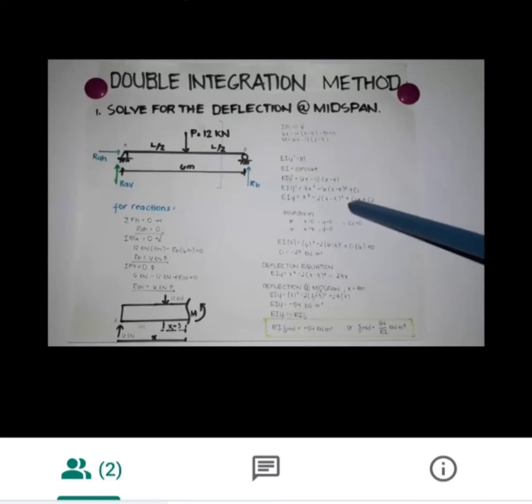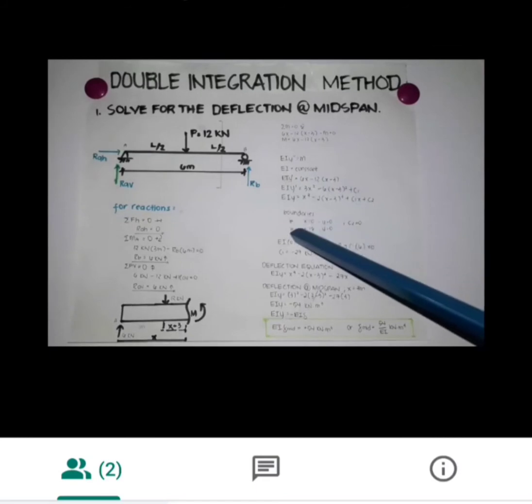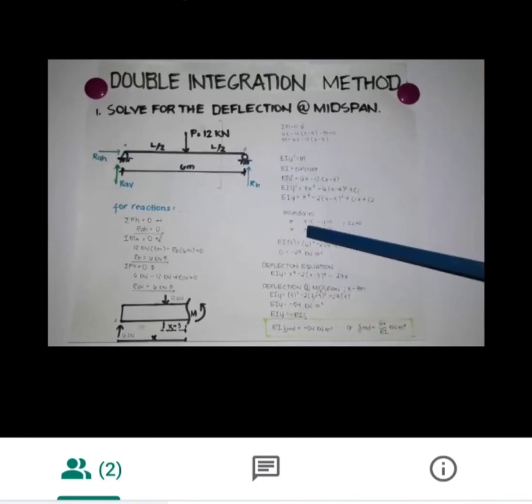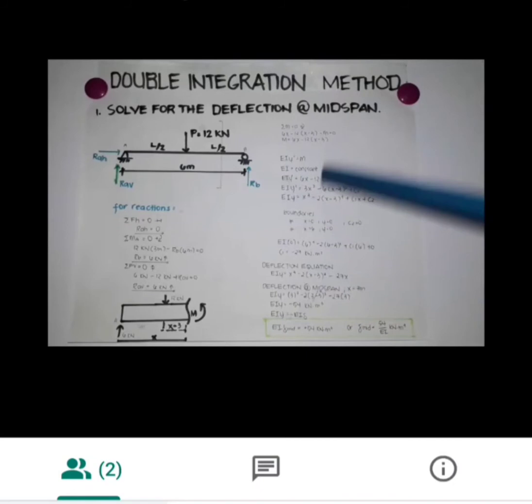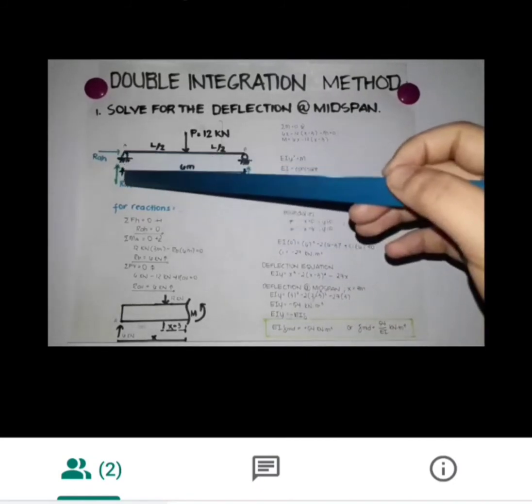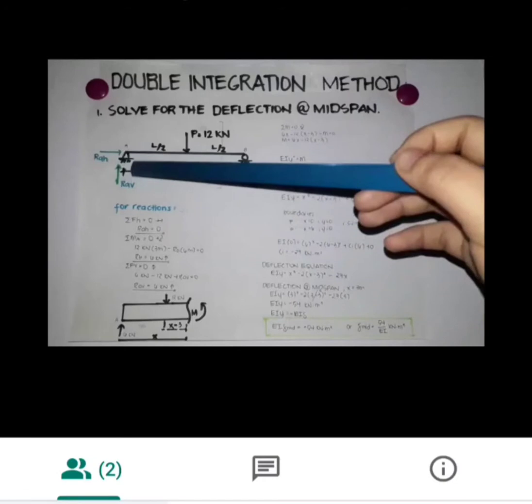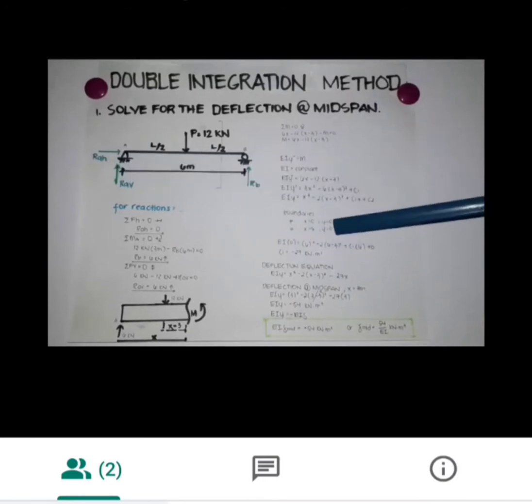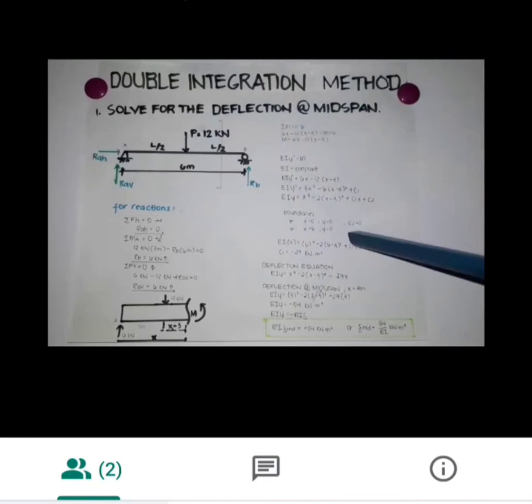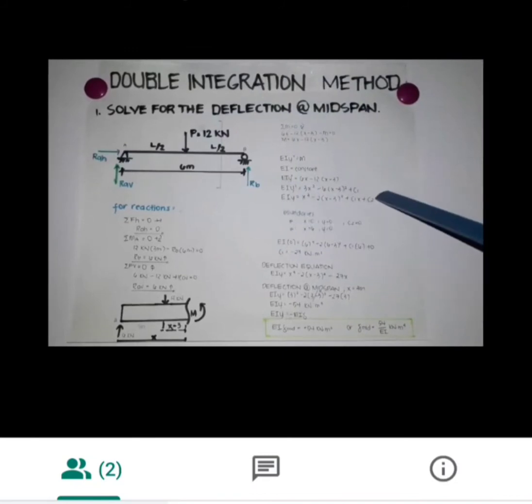Kaya dalawa yung unknown natin na value. Gamit tayo ng boundaries, which is kukunin natin sa support ng beam. First, hanapin natin kung saan nakalocate yung hinge support natin, which is located at x is equal to 0 and y is equal to 0. Pag sinubstitute natin siya dito sa equation, wherein x is equal to 0 and y is equal to 0, ang kukuha natin ng value ng c2 is equal to 0.